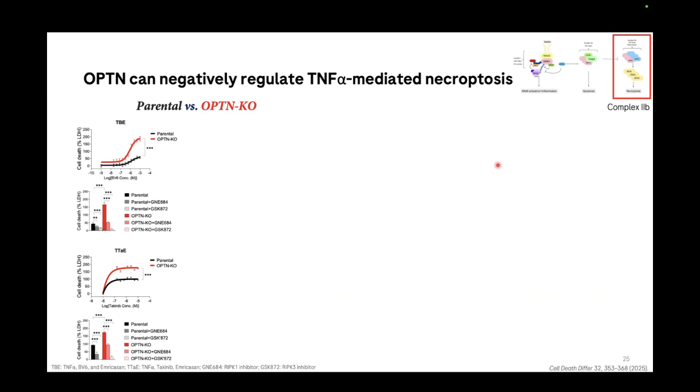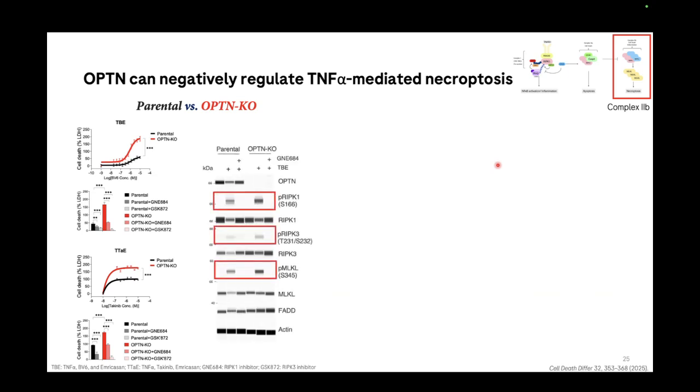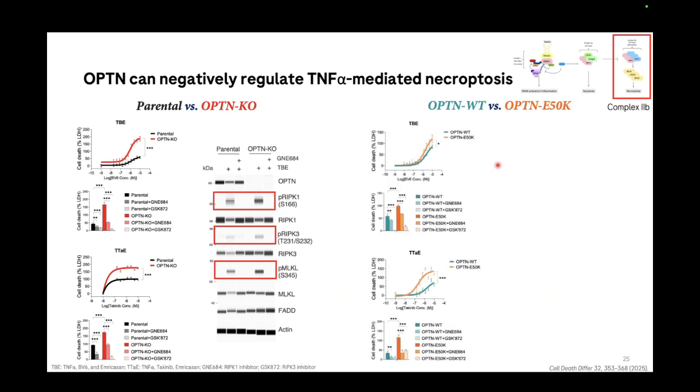Then the next question: how about molecular signaling when there is no OPTN? Immunoblot analysis confirmed increased phosphorylation of RIP1, RIP3, and MLKL, showing strong activation of the necroptotic cascade in the absence of OPTN. Then how about the glaucoma-causative mutation E50K? OPTN E50K-expressing cells show a similar pattern to the knockout line.